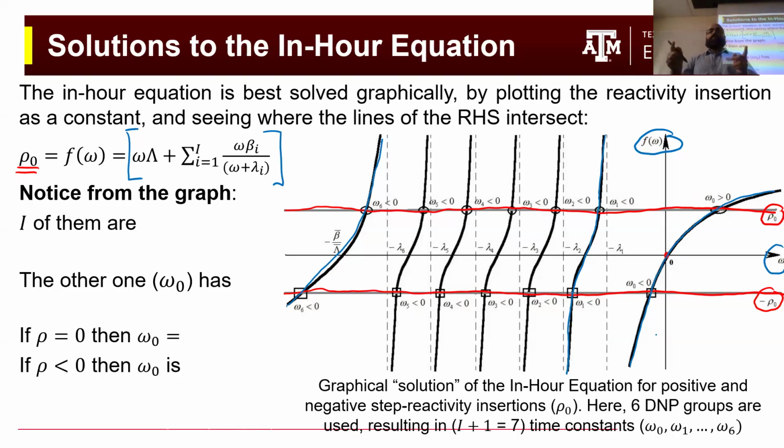And notice from the graph that this is plotted with 6 delayed neutron precursor groups. So if I is 6, that means that I plus 1 equals 7, and 7 should be the number of time constants that we can find on this graph.